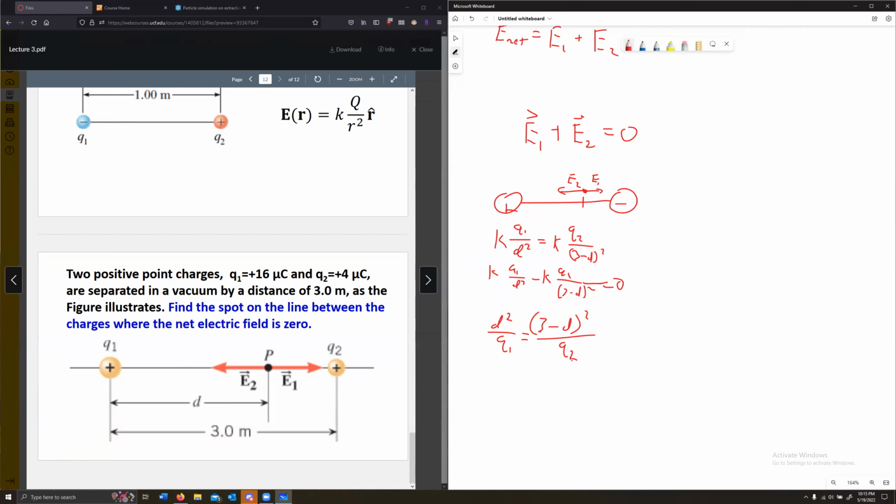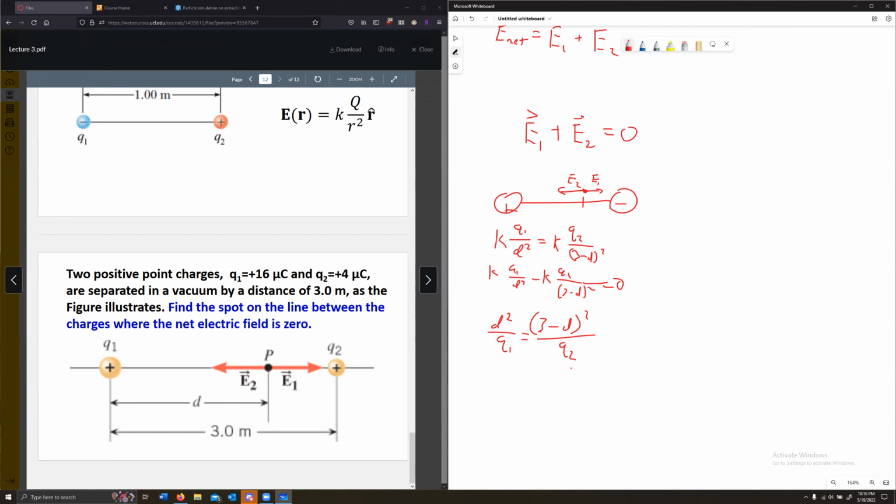My question is, wouldn't it be easier to multiply everything through by D squared times the quantity of 3 minus D squared? Instead of flipping it, can't we just multiply it?